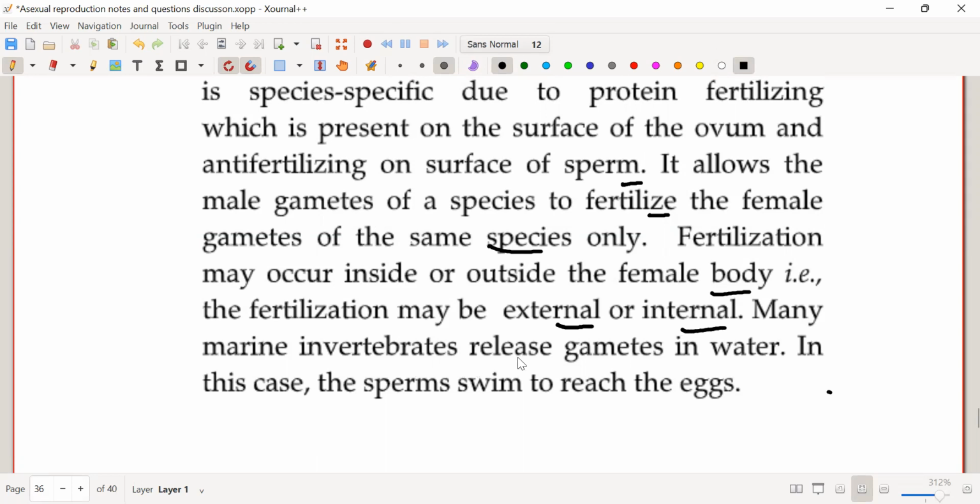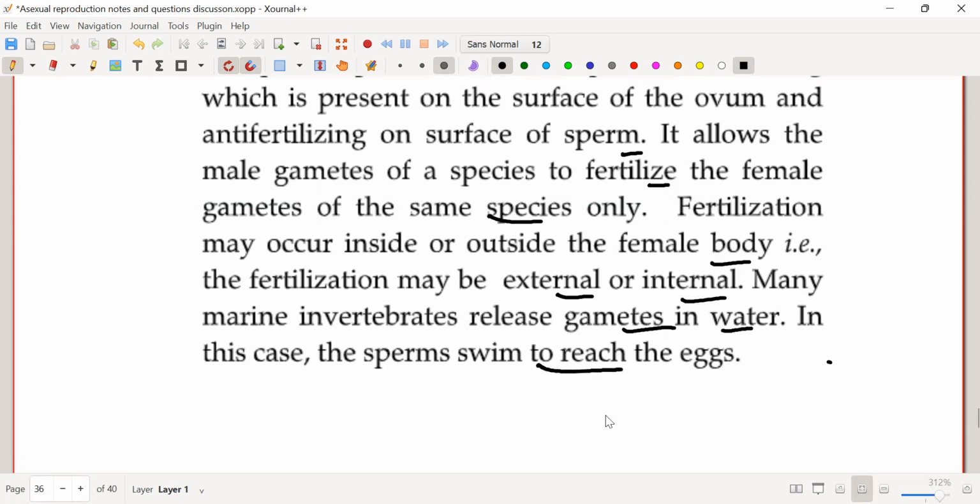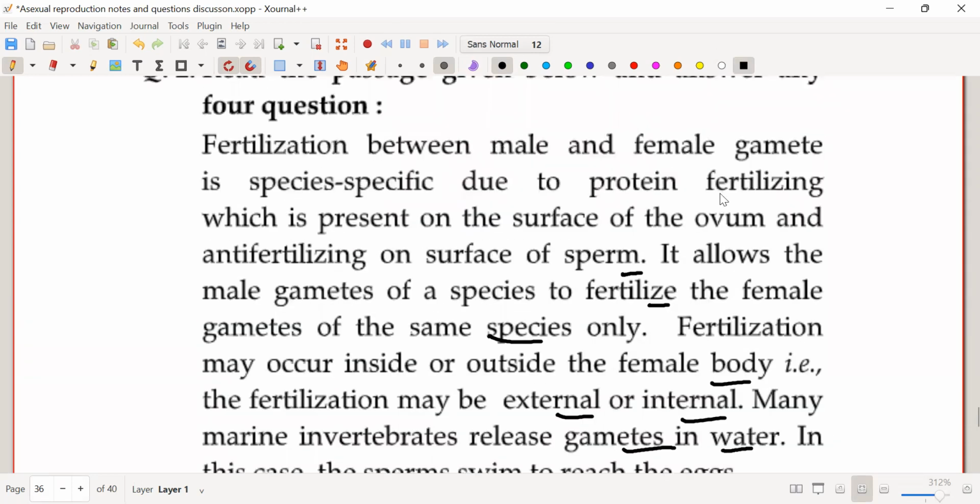Many marine invertebrates release gametes in water. In this case, the sperm swim to reach the egg. There is fertilizin, which is present on the surface of the ovum, and anti-fertilizin in the sperm. If these two combine, then only it will fuse.